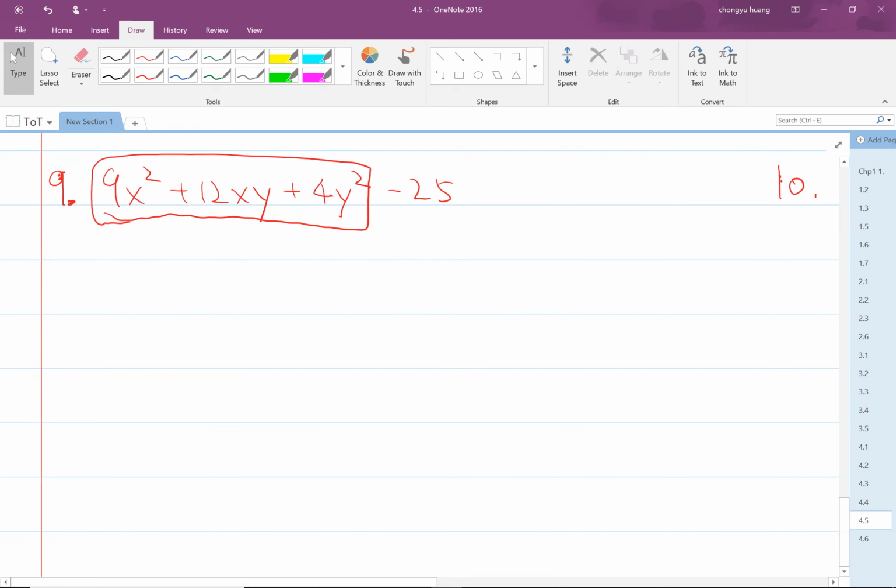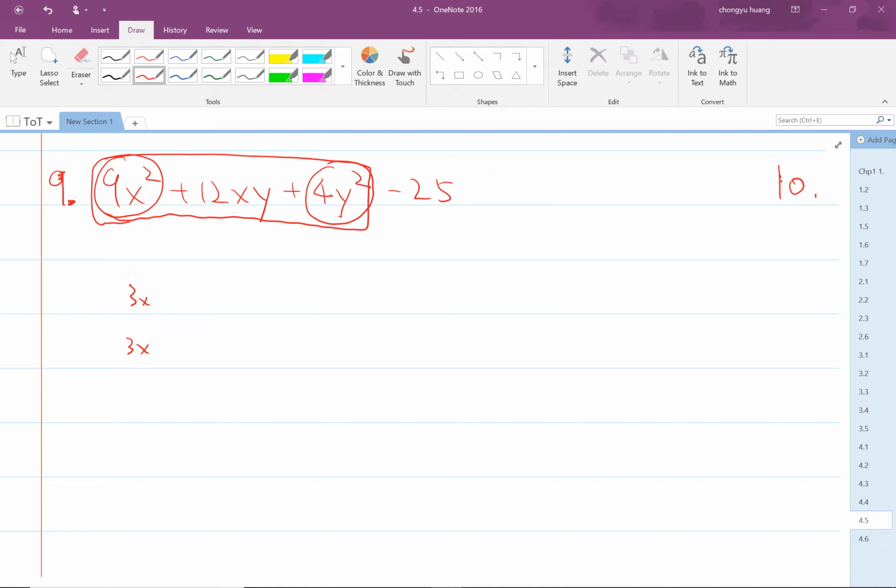So we have 9x squared, so we write it down as 3x and then 3x, right? 3x multiplied by 3x is 9x squared. And then we have 4y squared, which is also a perfect square, and 9x squared is also a perfect square.